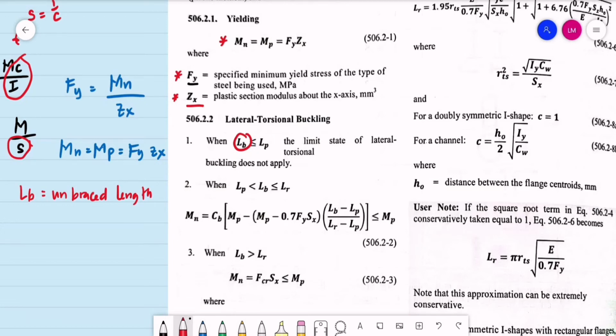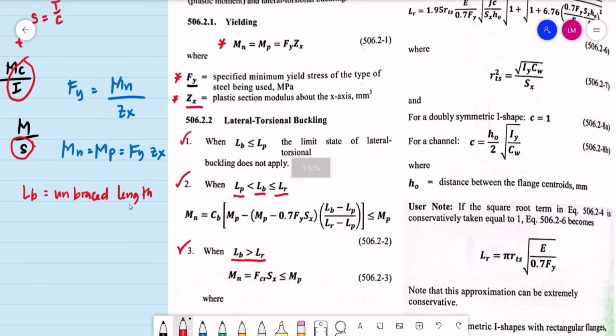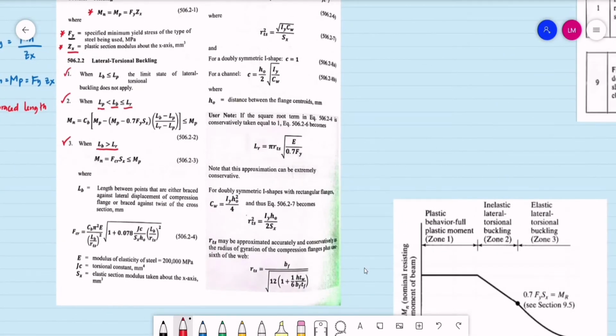If L sub b is less than L sub p, that will be our zone 1. If L sub p is less than L sub b and less than or equal to L sub r, that will be our zone 2. And for the last zone, if the unbraced length is greater than L sub r, that will be zone number 3. Now let us discuss these 3 zones in terms of the diagram.